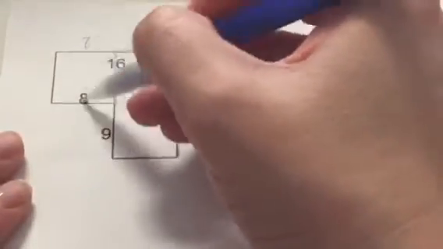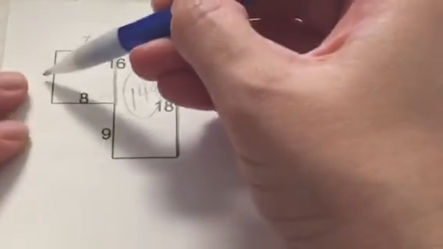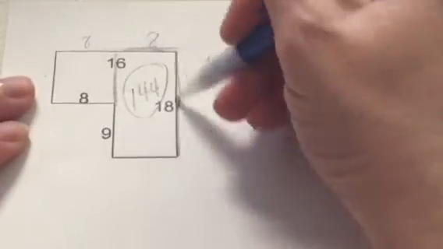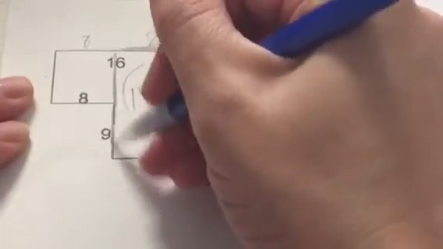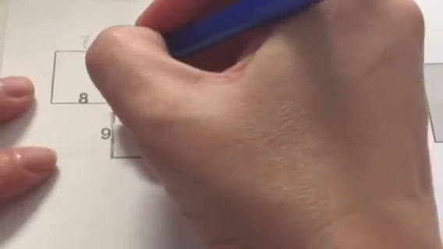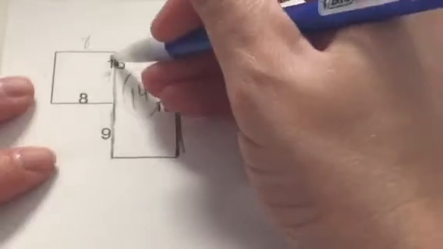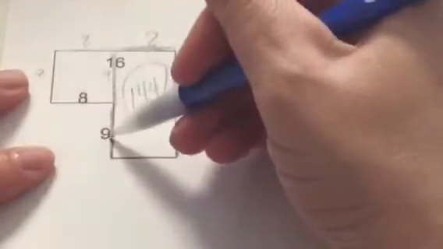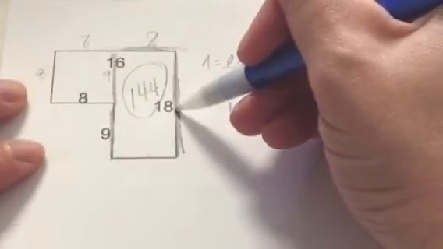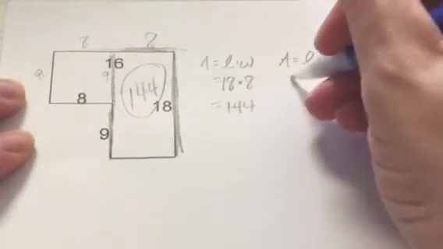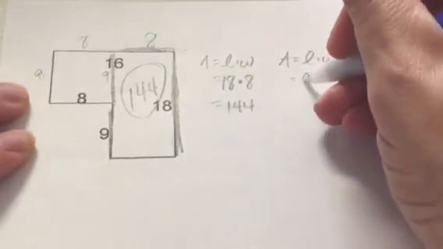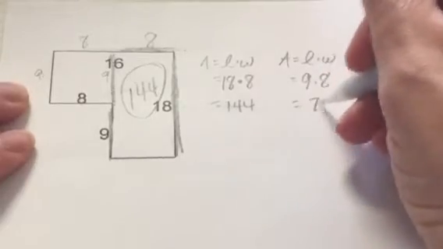So I know that these sides are 8, and now I need to figure out what this side is. Well, if the whole way across is 18, and I know from here to here is 9, that would leave 9 left for this side and this side, because 9 plus 9 is 18. So this rectangle has a length and width of 9 times 8, which is 72.